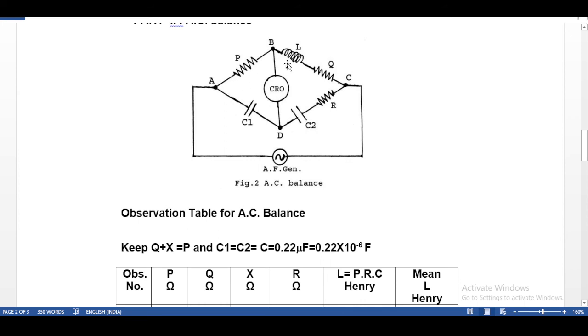Q plus X, which we have determined above, that is the addition of these two, is equal to P. C1 is equal to capacitor C2, both are equivalent, having the value 0.22 microfarad. It results in 0.22 into 10 to the power minus 6 farad, both are equivalent, and therefore we have the value of P and the value of C1, C2, that is equal to C.